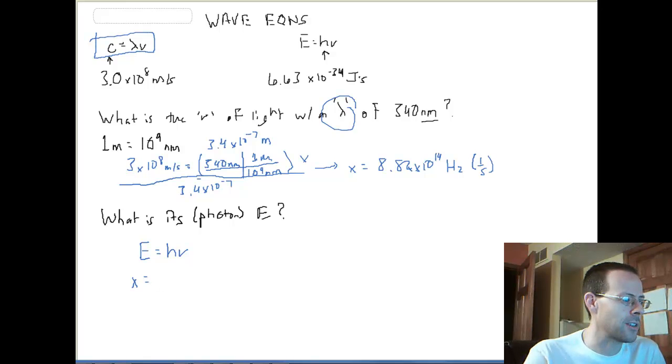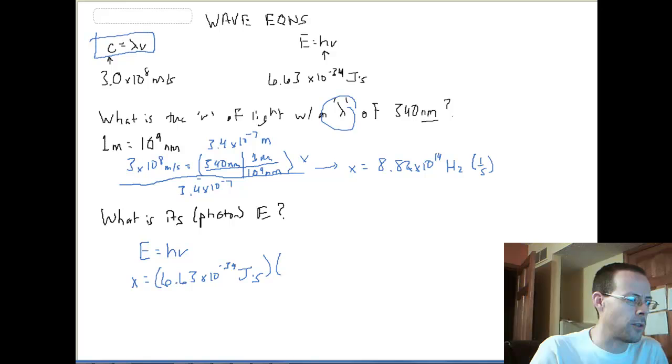So really we have x equals 6.63 times 10 to the negative 34th. And remember, this unit is joules times seconds. We're going to multiply that by 8.82 times 10 to the 14th, and it's hertz or per seconds.